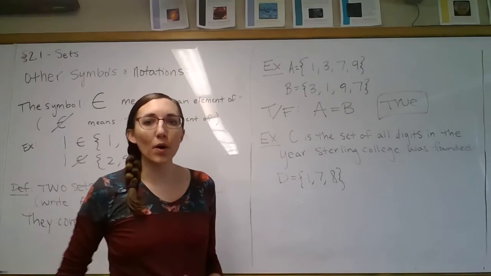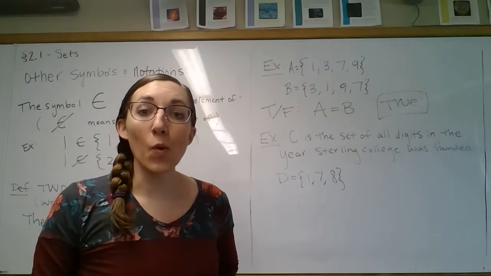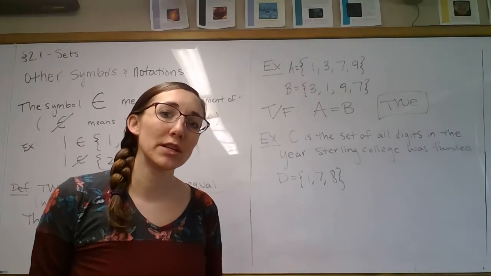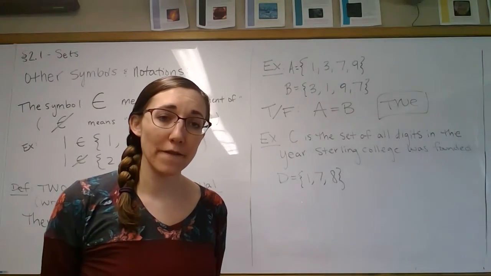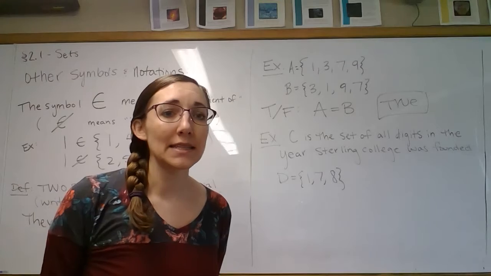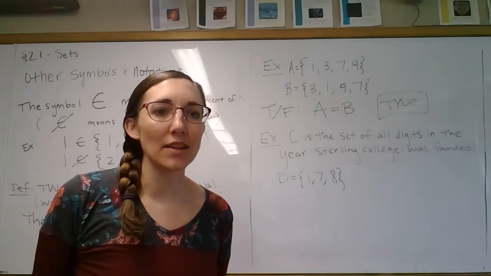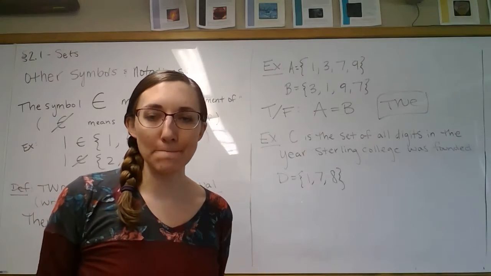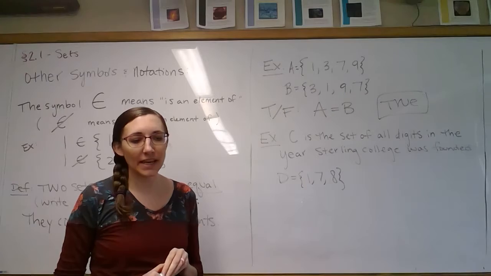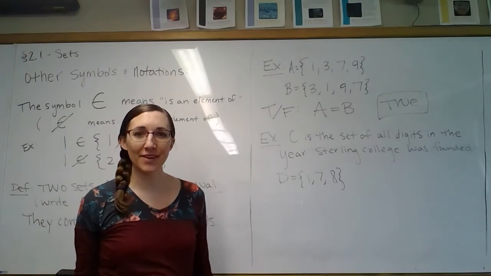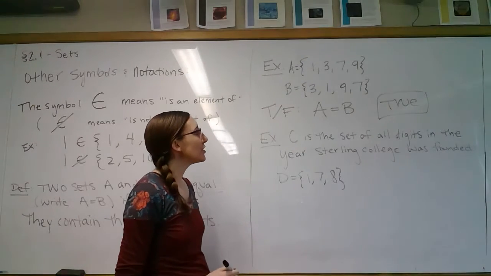Now, those ones were both already in roster method. Let's look at this next example where we have one set that's a verbal description and one set that is in roster method. The first one says C is the set of all digits in the year Sterling College was founded. A fun trivia question: you can pause the video and look it up, or just share your infinite knowledge.